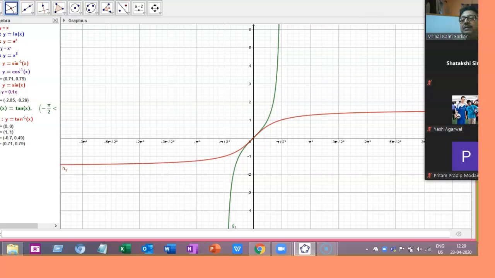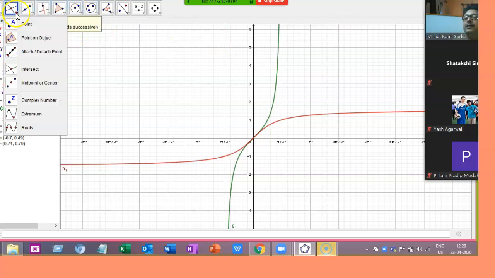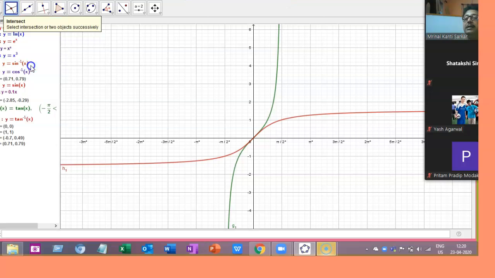Now if I want to find their point of intersection, I go by the intersect part. Click on it. See the point they have given, that is 0, 0. The point of intersection, all of you can see, is 0, 0.